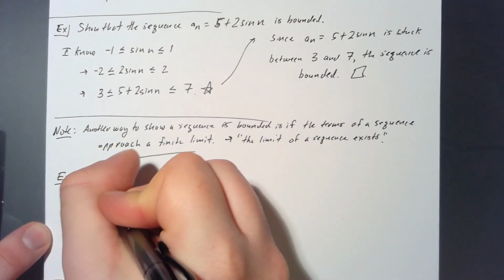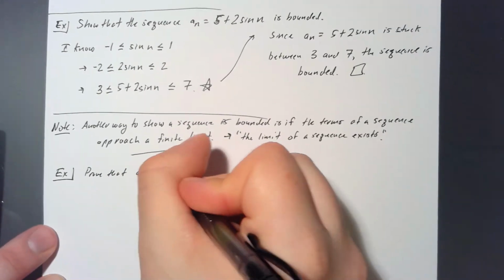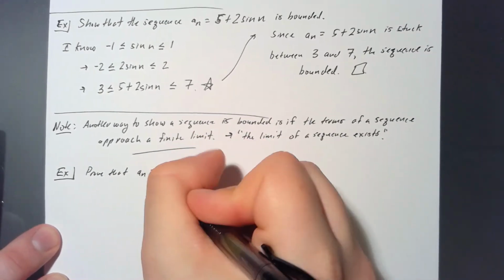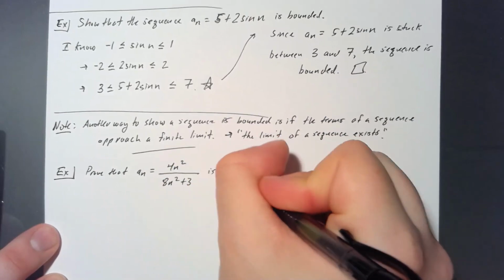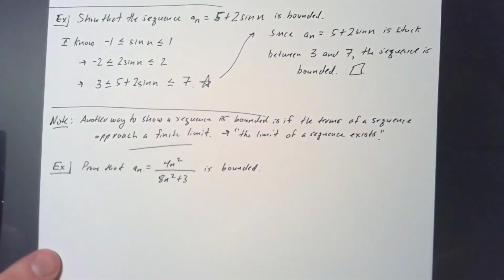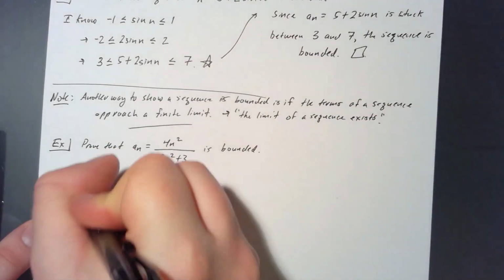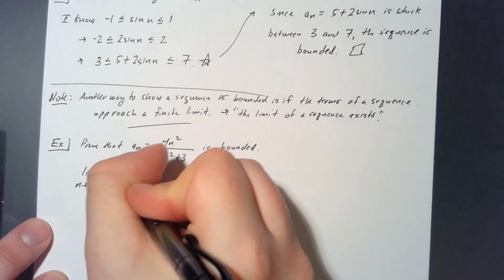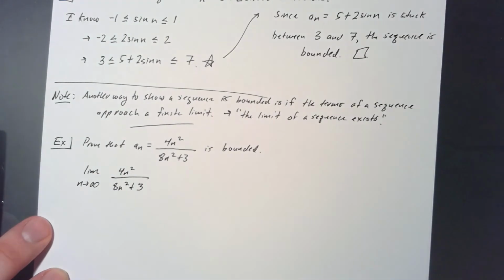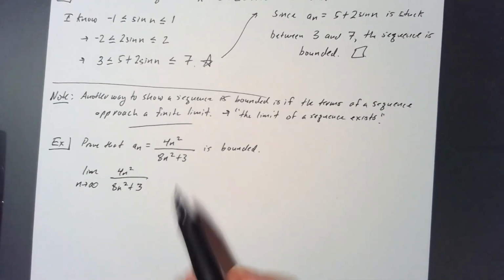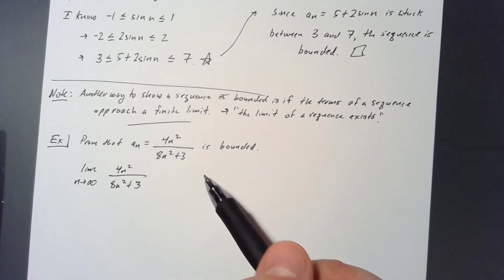So prove that a sub n equals 4n squared over 8n squared plus 3 is bounded. That's easy. Take the limit. Now you could take this limit one of two ways. You could compare the coefficients of the dominant terms, or you could use L'Hopital's rule.